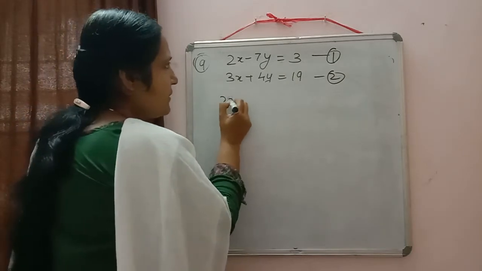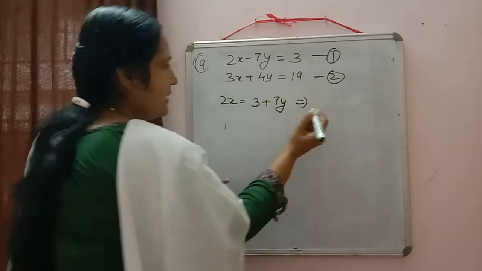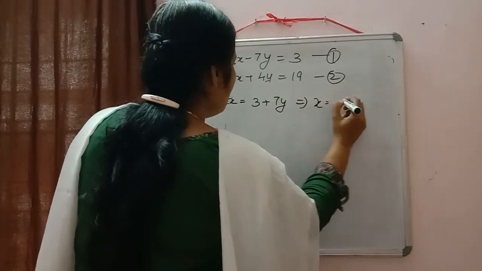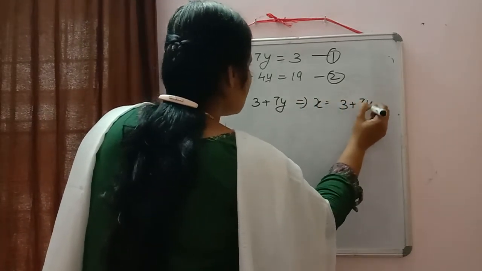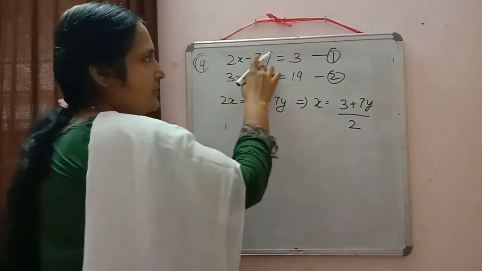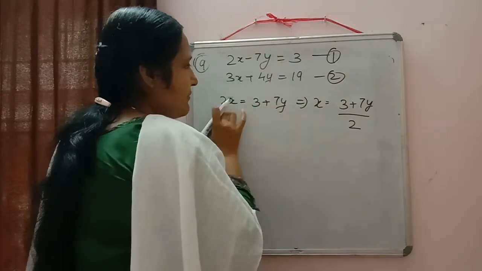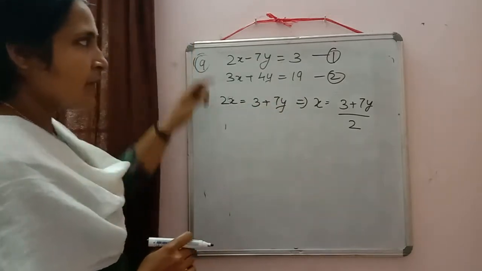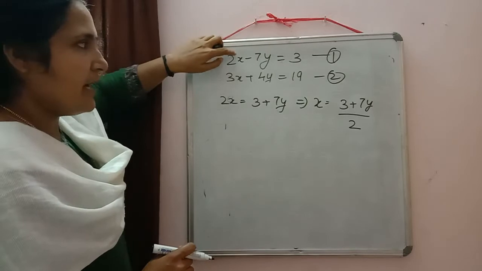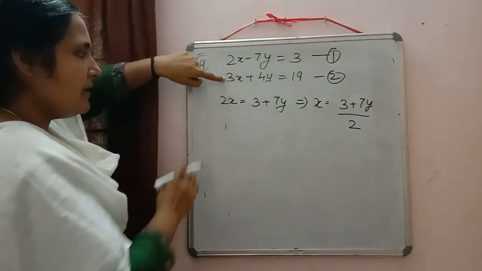So we will get 2x is equal to 3 plus 7y. Then x is equal to 3 plus 7y divided by 2. From equation 1 we have taken the value and now we will substitute it in equation number 2.